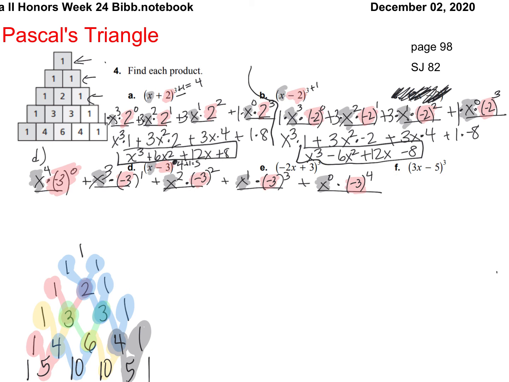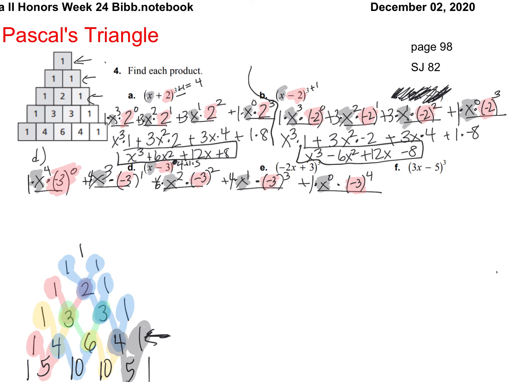There are 5 blanks, so I want the row that has 5 blanks. And that would be this one here. So I'm going to insert times 1 with the first one, times 4, times 6 here, times 4, times 1.